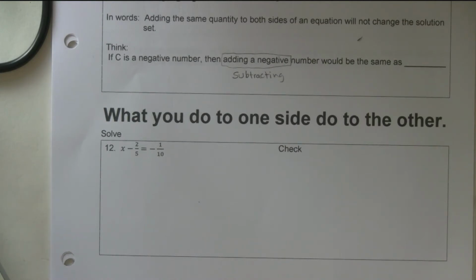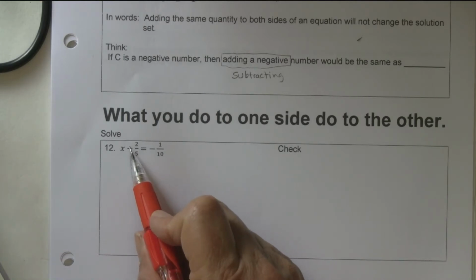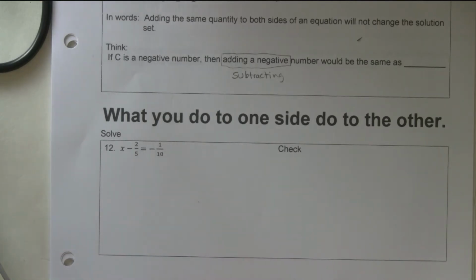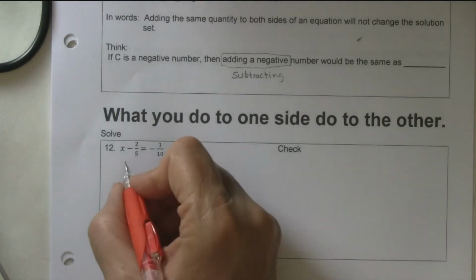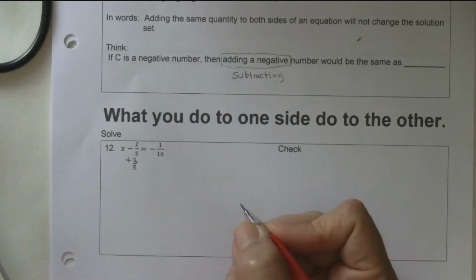It'll say X equals something. The reason X is not all by itself is because of this subtraction of 2/5, and I would like to get rid of that. So on this side, I would simply add 2/5.